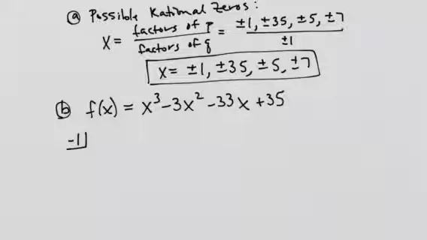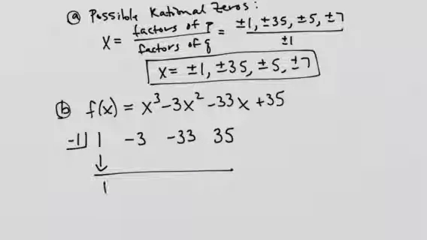When we test negative 1, we get 1, negative 3, negative 33, and 35. In synthetic division, the first step is to bring down the first number, so we bring down the 1. Multiply to get negative 1. This will become addition, so we add and keep the sign.